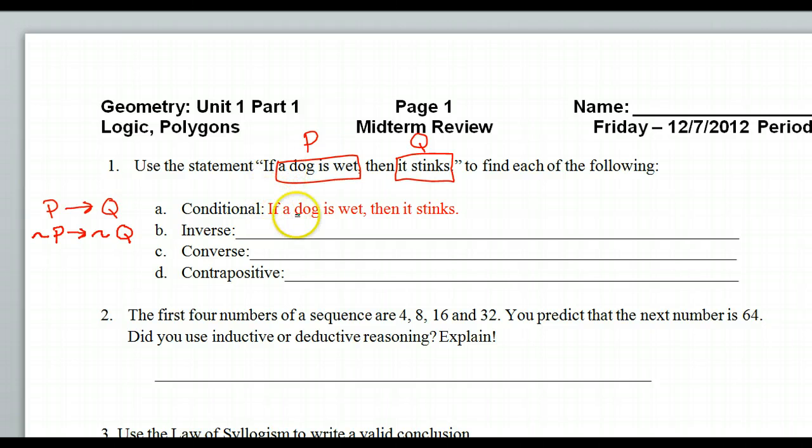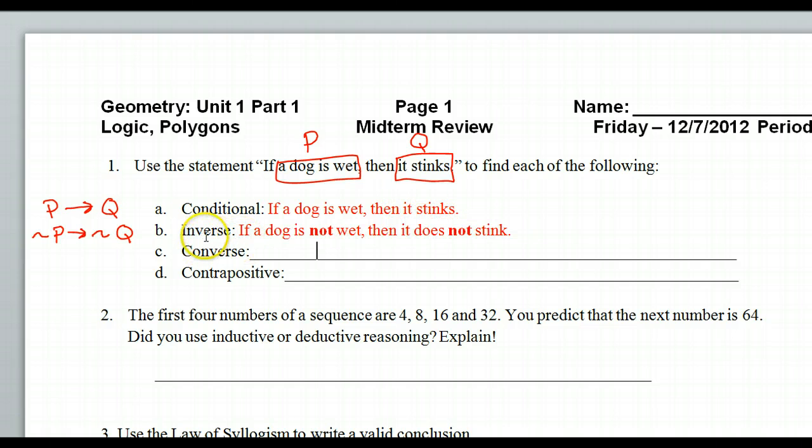So if the original statement is if a dog is wet, then it stinks, the inverse is going to be if a dog is not wet, then it does not stink.